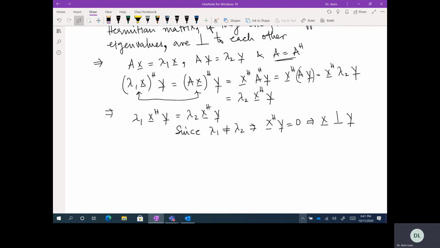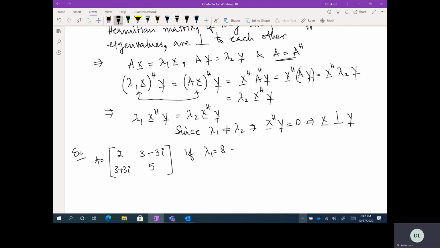And we can do a quick example here. So the example is, let's find the eigenvectors for the same matrix. So A is [2, 3 minus 3i; 3 plus 3i, 5]. So if lambda 1 is equal to 8, we had 8 and minus 1.